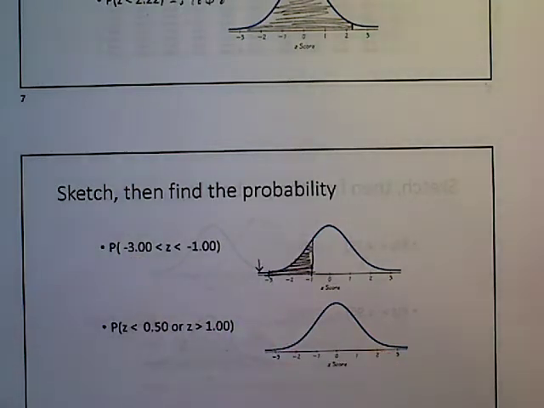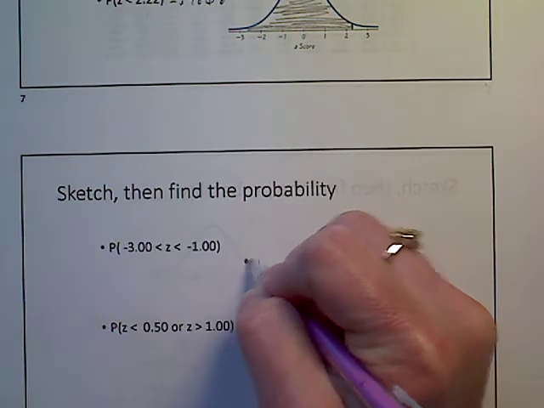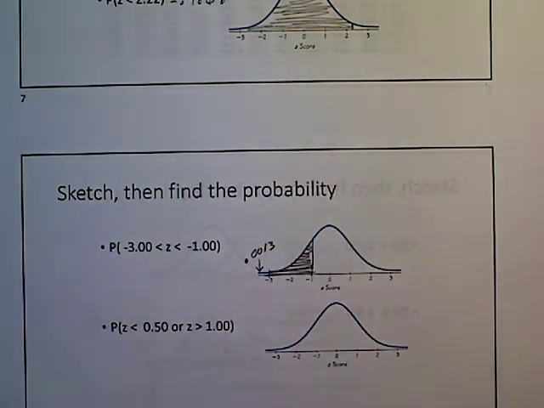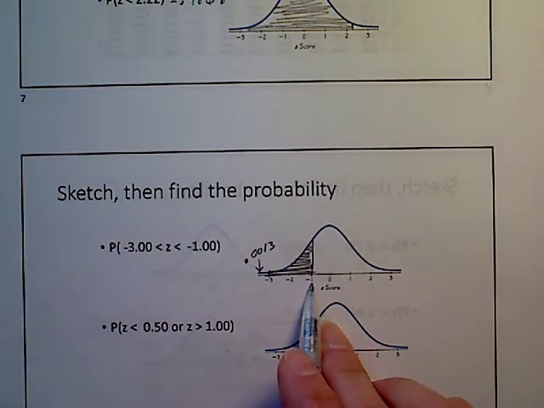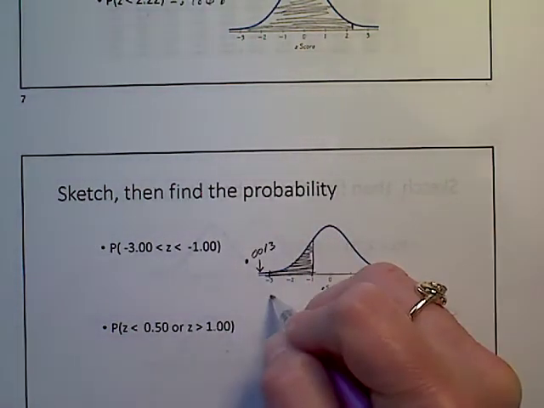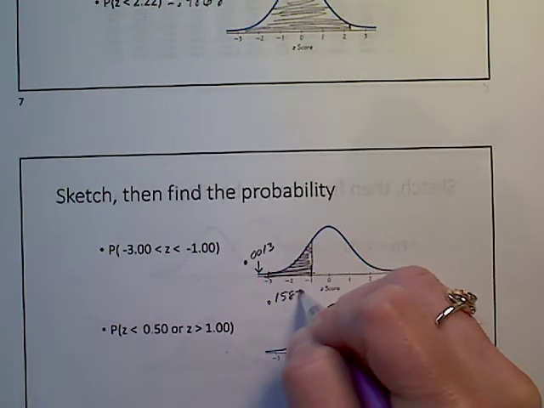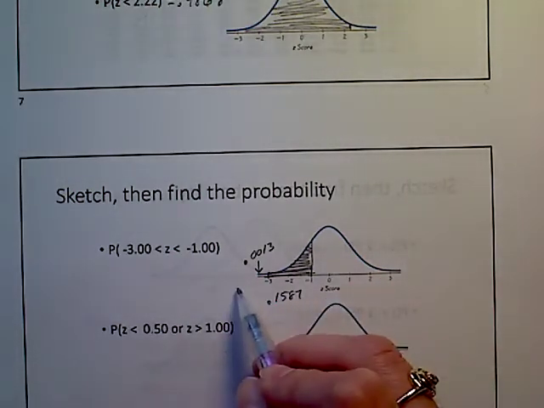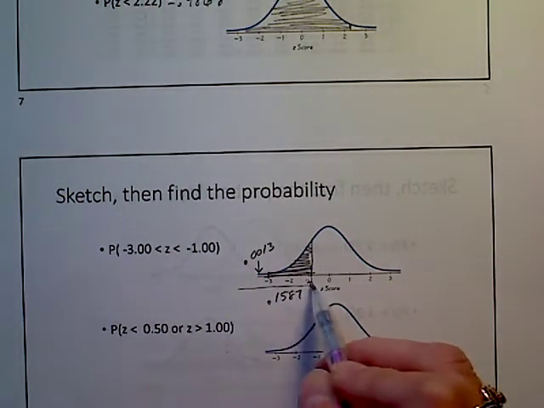So at -3, be sure you're at -3.00, by the way, that area is 0.0013. Okay. Then I'm going to find the area at -1.00. Be sure to go clear over on the table. This one is 0.1587. Guys, this is all of this area.